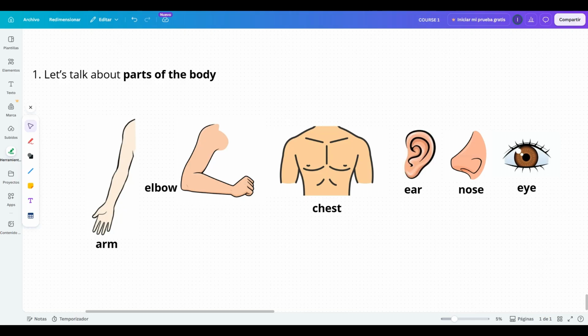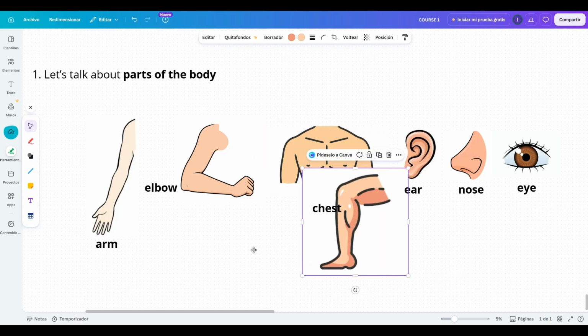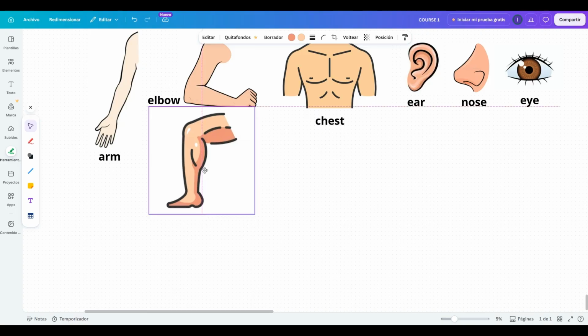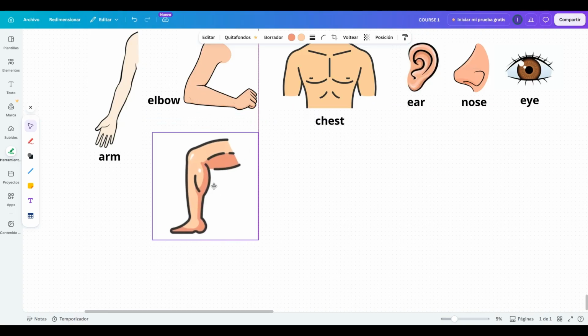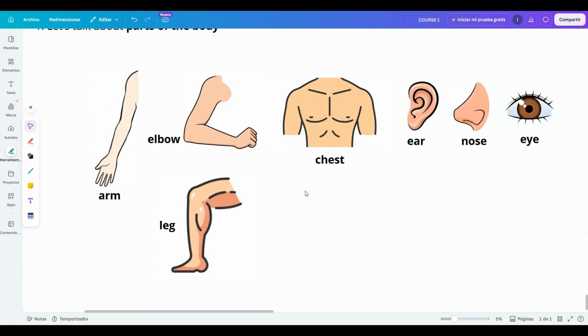We'll continue with our leg. Yes. Next picture. What's this? Okay. This is a leg. Let's write that. Leg. Okay. A leg. Just one leg, right? For the example.